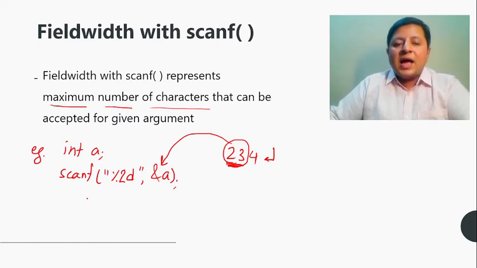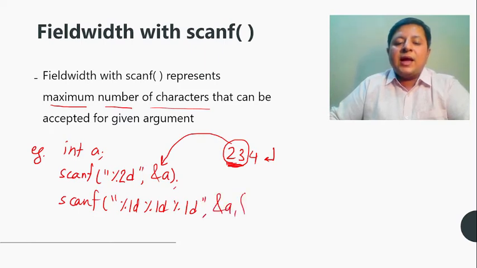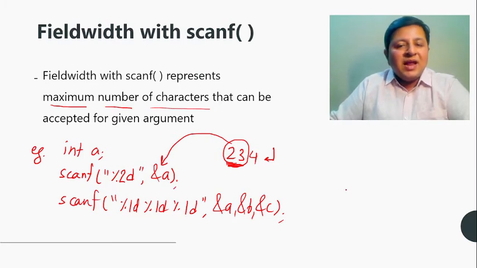If I want to read, maybe the user might give multiple digits, but I want to read them one after the other, let's say 3 digits separately. Suppose I have a, b, c with me, I can write it like this: scanf("%1d %1d %1d", &a, &b, &c). Are you getting it?